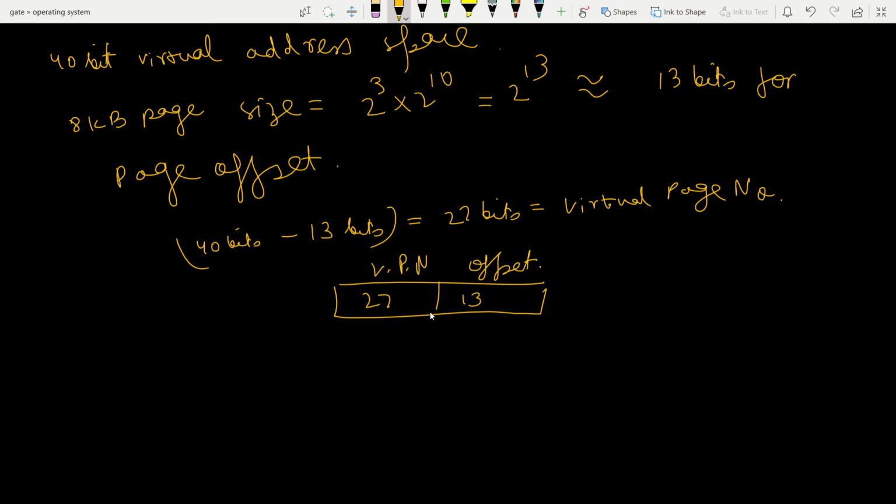So corresponding to the virtual page numbers, we will have an entry in the TLB that will contain the frame number. The frame number is actually the number of the actual frames which reside in the main memory.